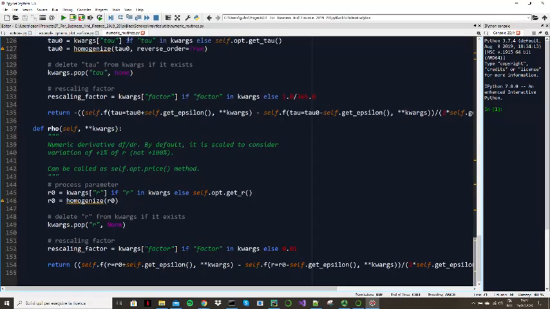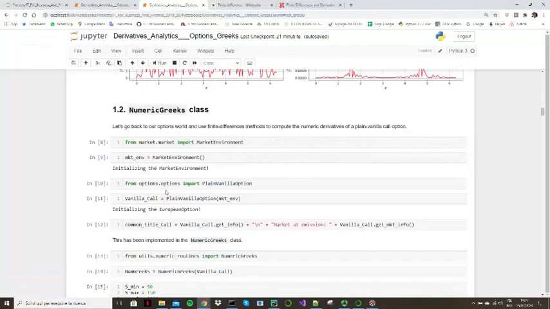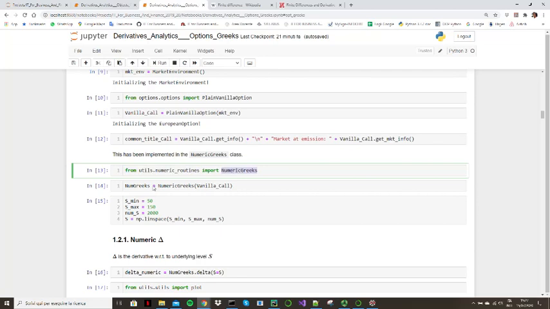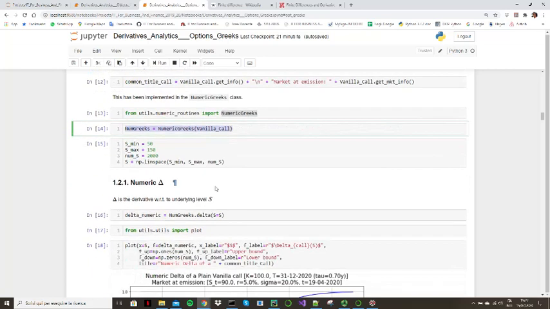Okay, so we instantiate the market environment, we instantiate our plain vanilla option, so a vanilla call, and from the numeric routines module we import the NumericGreeks class. We instantiate the NumericGreeks class with our vanilla call, and then we can compute the numeric expression of all the Greeks for this vanilla call.